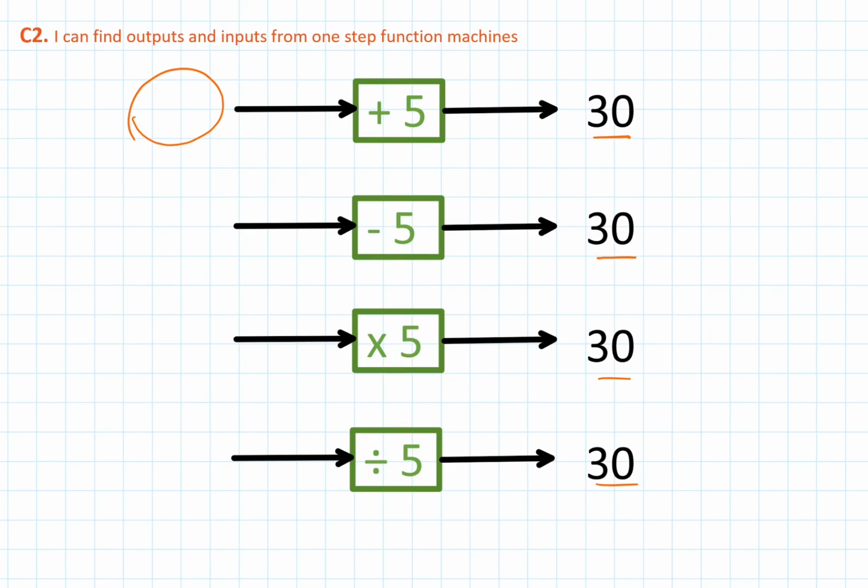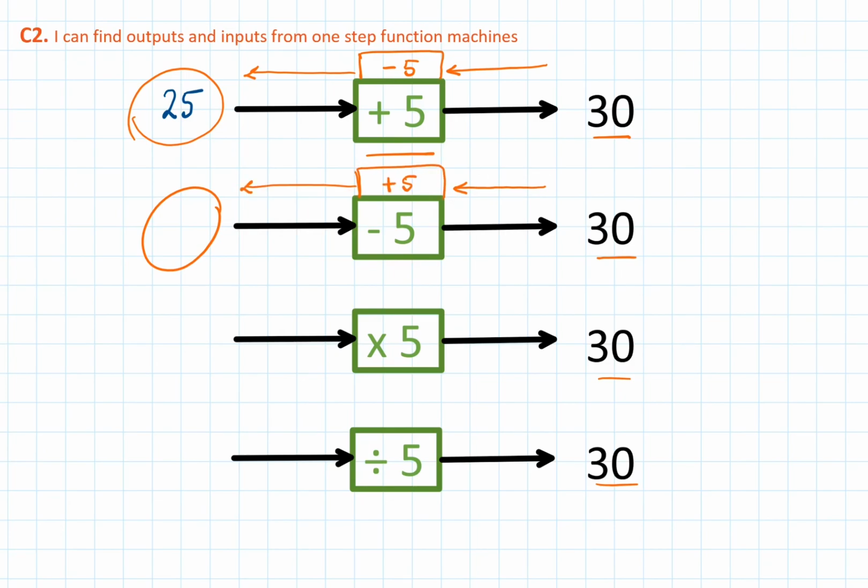To find the original number, to which we added 5 to get to 30, we have to work backwards and use the inverse operation of adding 5, which is subtracting 5, to get to our original number, which will be 25. In the second case, we had an input number, we subtracted 5 from it and got 30. To find that input, we need to go from the output, do the inverse operation, which is adding 5, and the original number was 35.